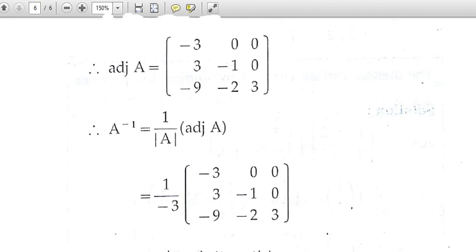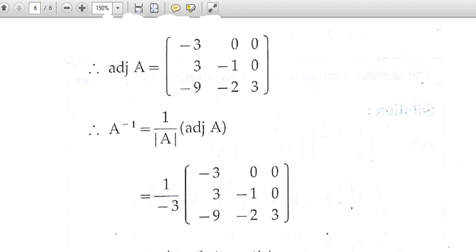So here we understand how to find the inverse of a matrix of order 2 by 2 and of order 3 by 3. Today we learned how to find the inverse matrix by using the adjoint method. We learned how to find minors and cofactors, how to find the adjoint matrix, and how to find the inverse matrix.